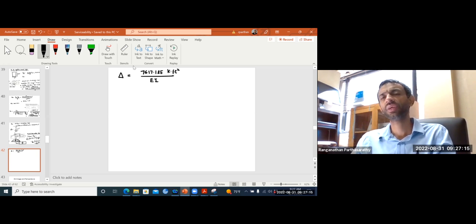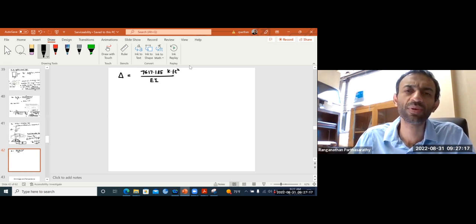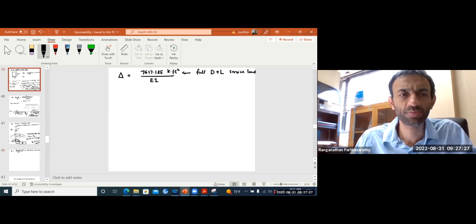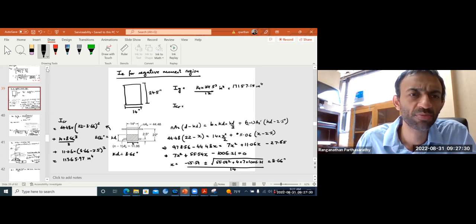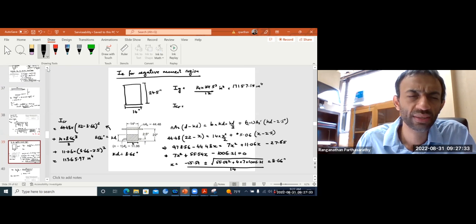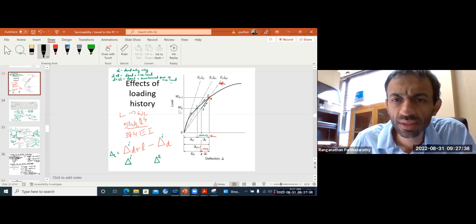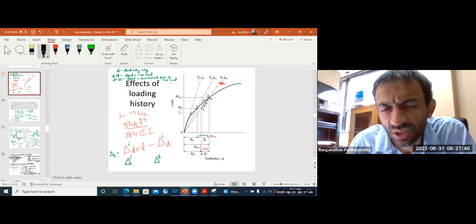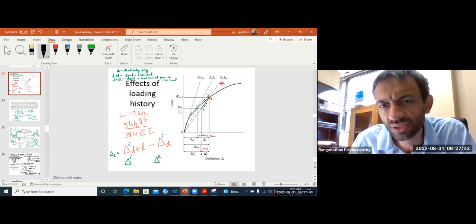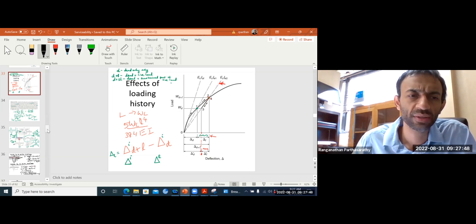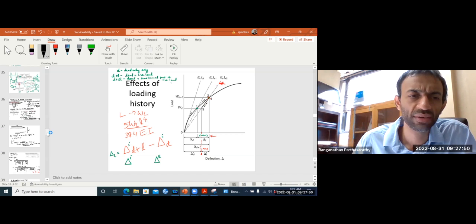Okay, so this is our general formula. This is for the full D plus L, service load. Now, as we said in this problem, we are assuming the linear load path that goes from 0 to 4 back and forth along the line 0, 4. So we don't need to worry about changing moments of inertia. So it's all the same I effective.